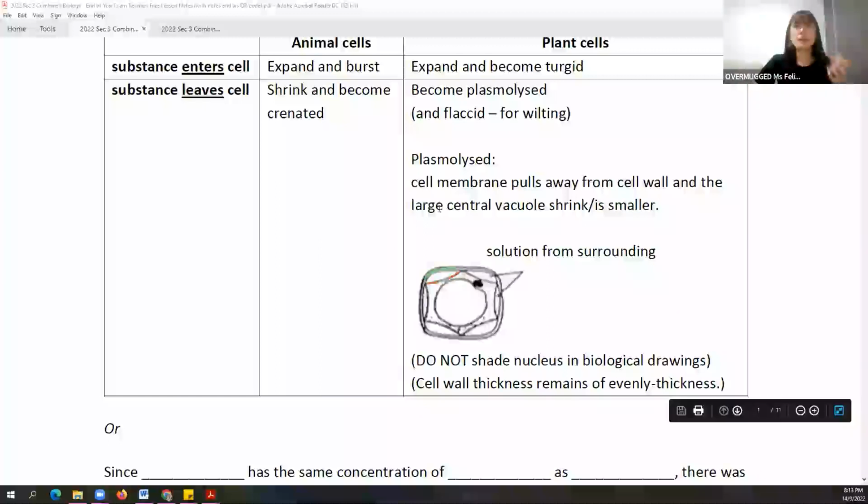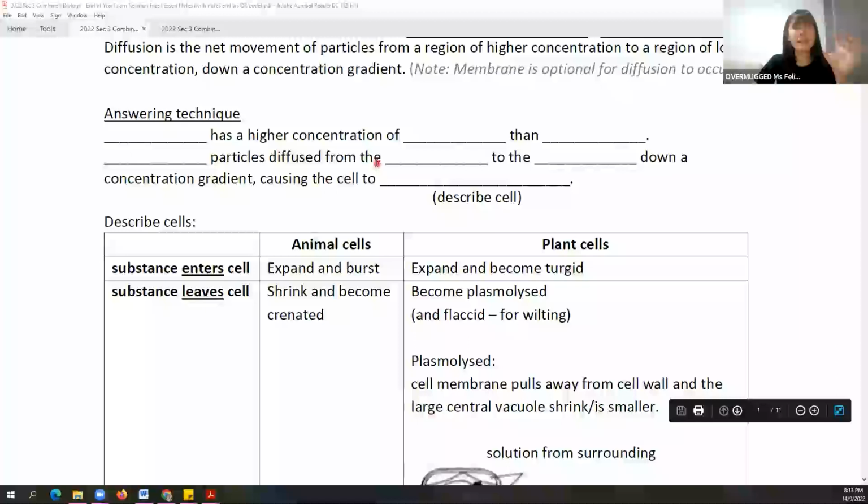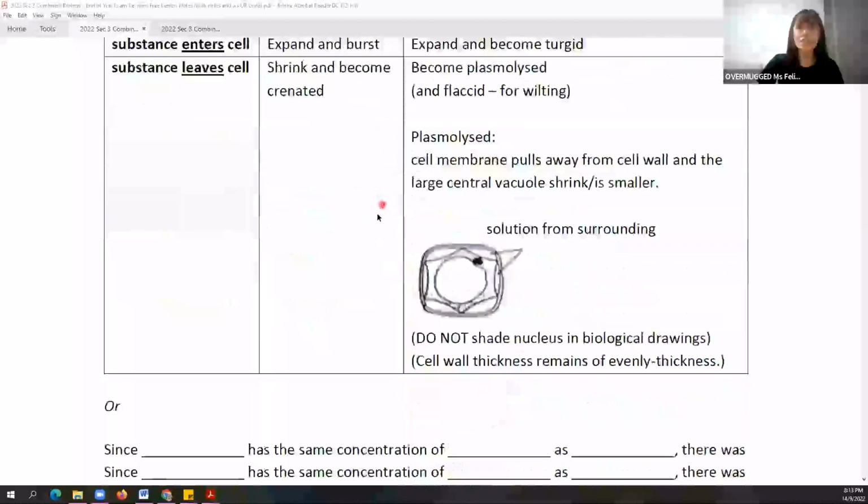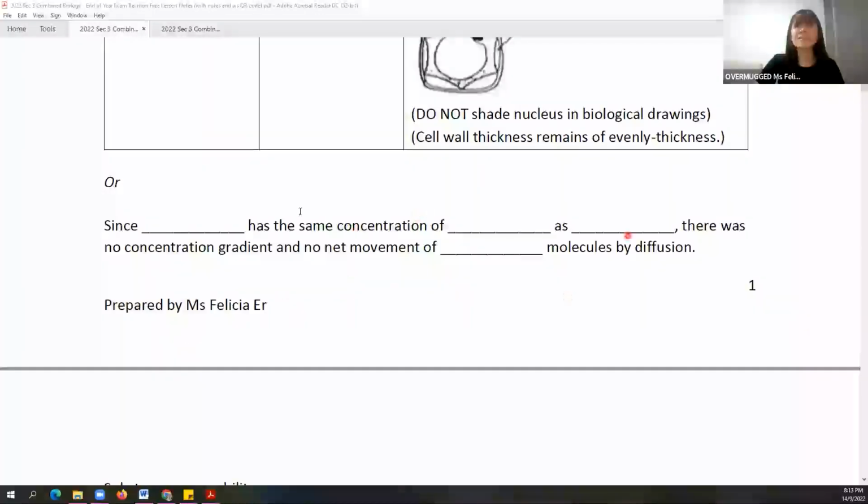How you write when there is movement by diffusion, this is the template. But sometimes questions like to trick you and give you two substances of the same concentration. If same concentration, that means there is no diffusion, right? So if there is no diffusion, what you should write is this version instead.